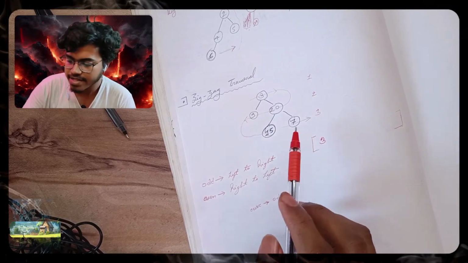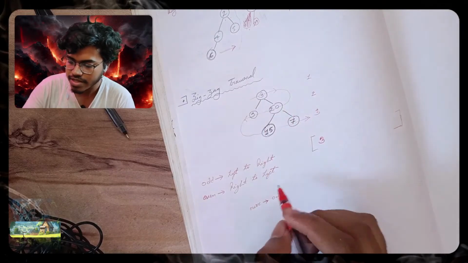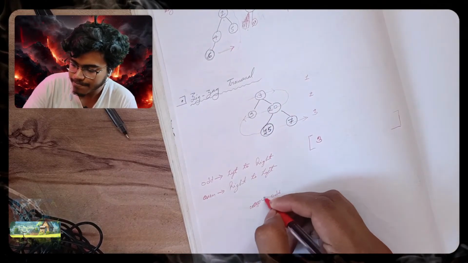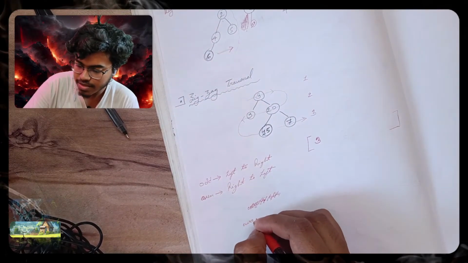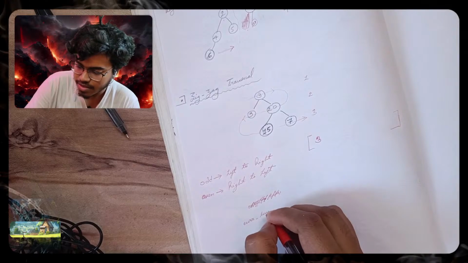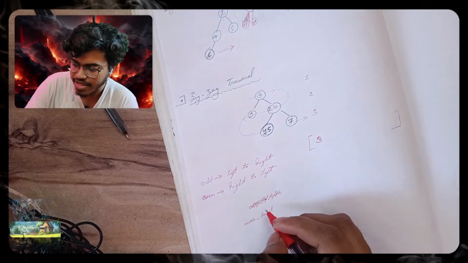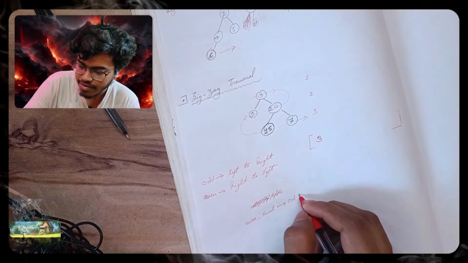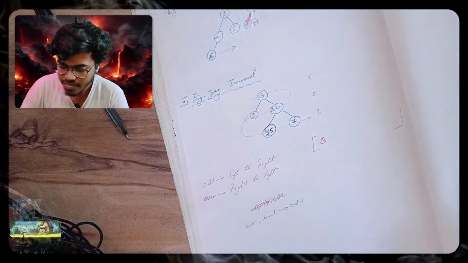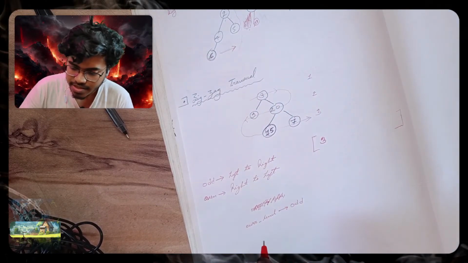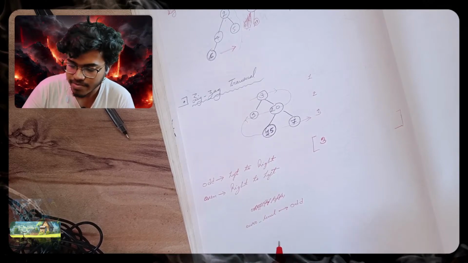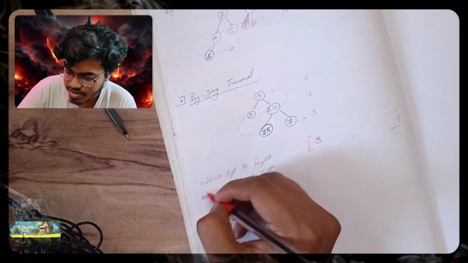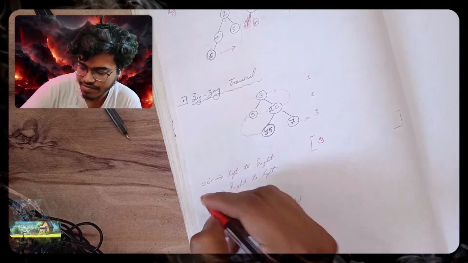So when we are at level odd, the current level, in odd, the children of odd are inserted from right to left. Okay, so we have to change this.